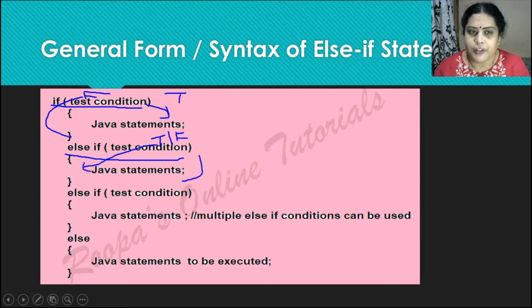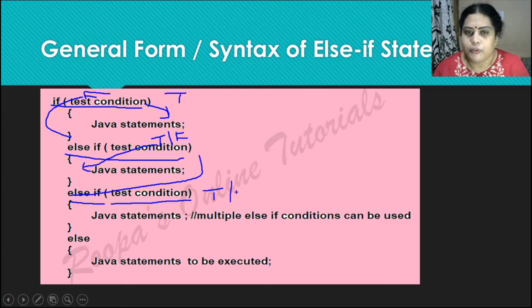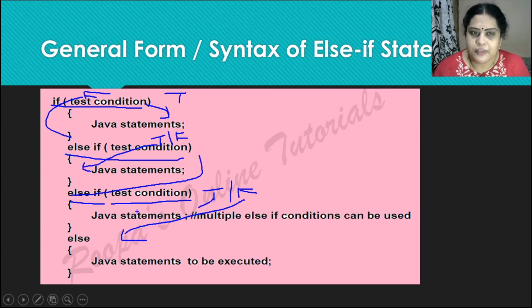If it is false, the else if condition will be tested again. This process continues. Again, if it is true, it will execute this statement. If it is false, it will execute this else statement. That's why you can have any number of else if conditions in this form of if statement, and why it is known as multiple else if statements.